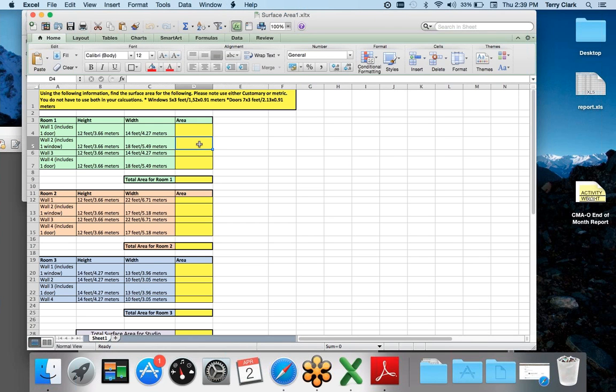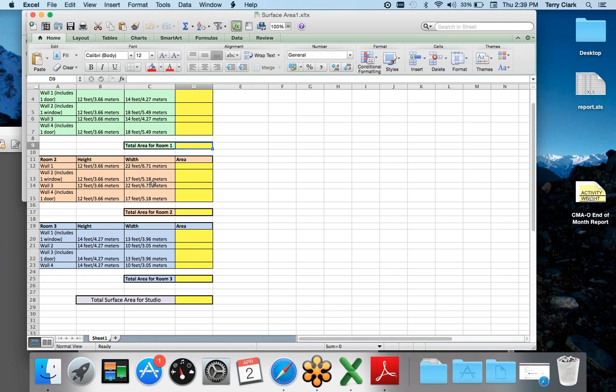Here are your areas right here. You have wall 1, wall 2, wall 3, and wall 4. In calculating these, you have to figure out the area of walls 1, 2, 3, and 4, and that's going to give you an area. Then you'll figure out your total area for that room.